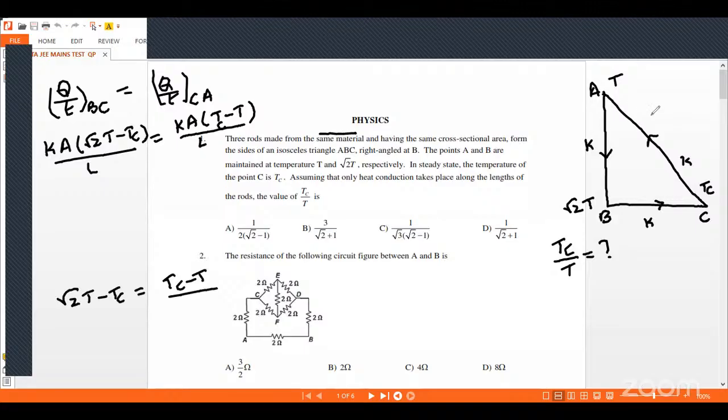Can I say it is root 2L, because the length of AB is L and BC is L, so it will be root 2L.